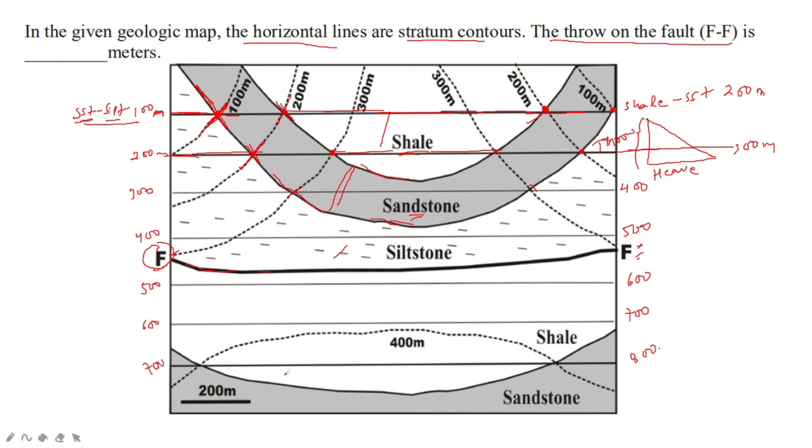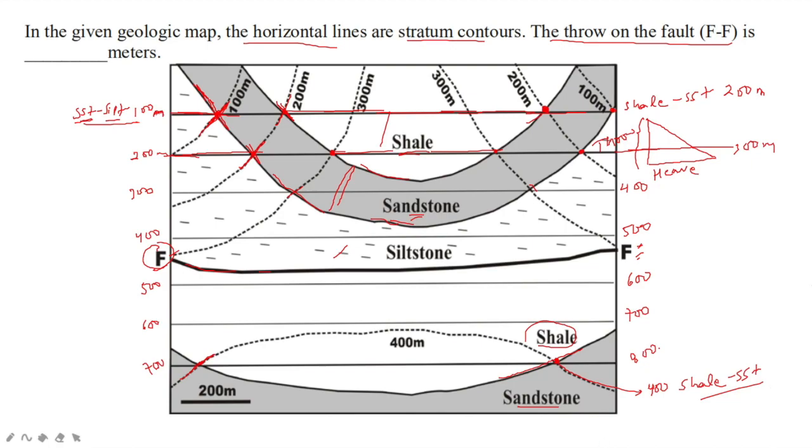But if you see here, there is another bedding plane, the shale sandstone layer, and there is an elevation contour of 400 meters which is cutting at this point and at this point. So on this map, this stratum contour will be of 400 meters for the shale and sandstone bedding plane.